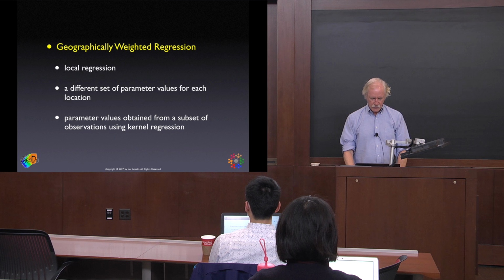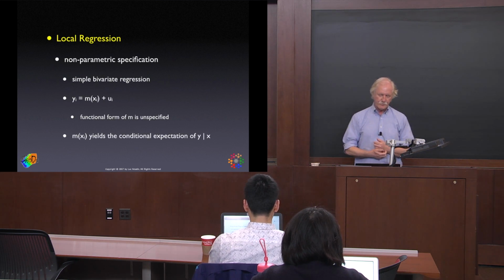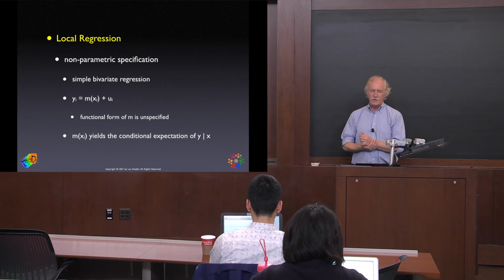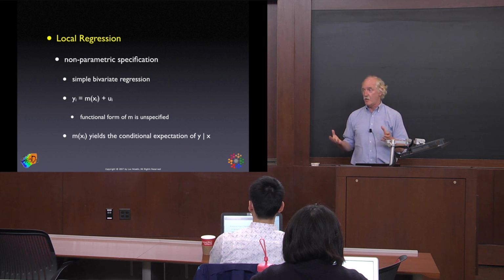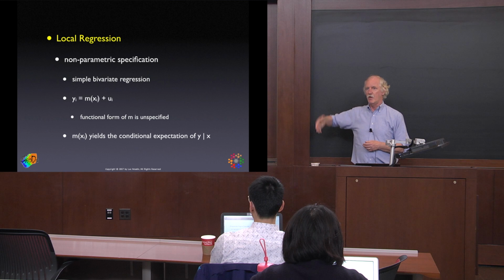So let's backtrack and look at the essence of the idea of a local regression. Let's say you're interested in the conditional expectation. That's what a regression is about. What is the mean, on average, of my dependent variable conditioned on knowing some additional variable x?